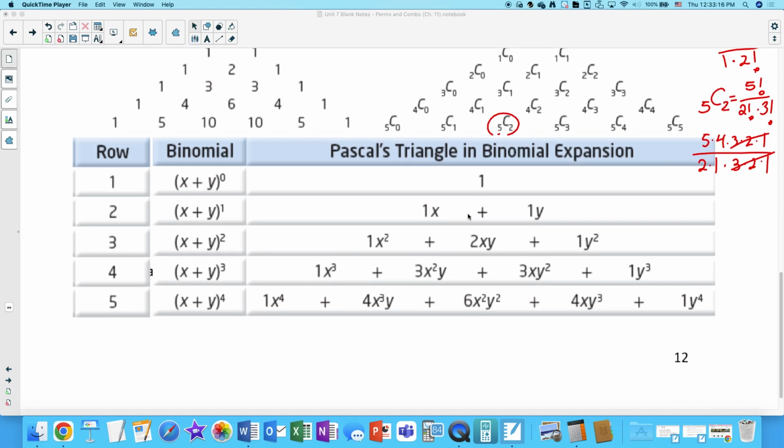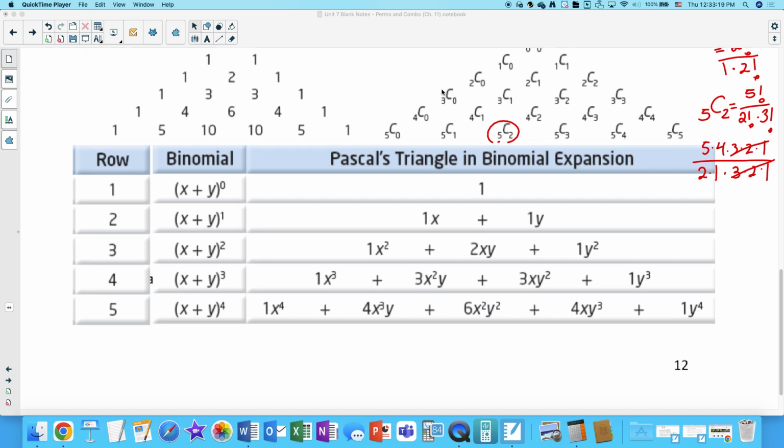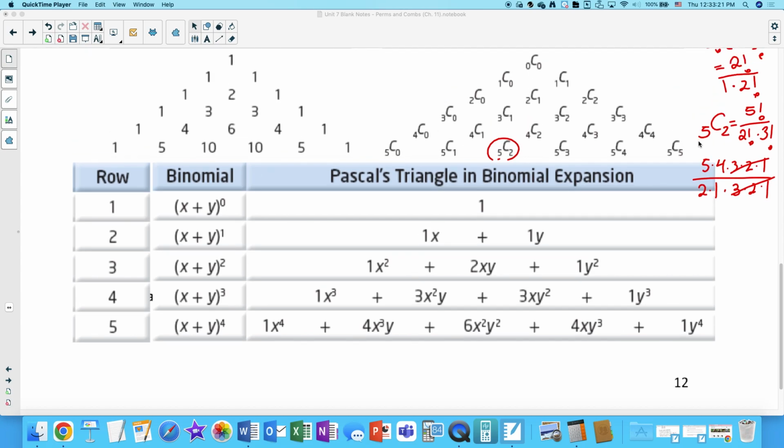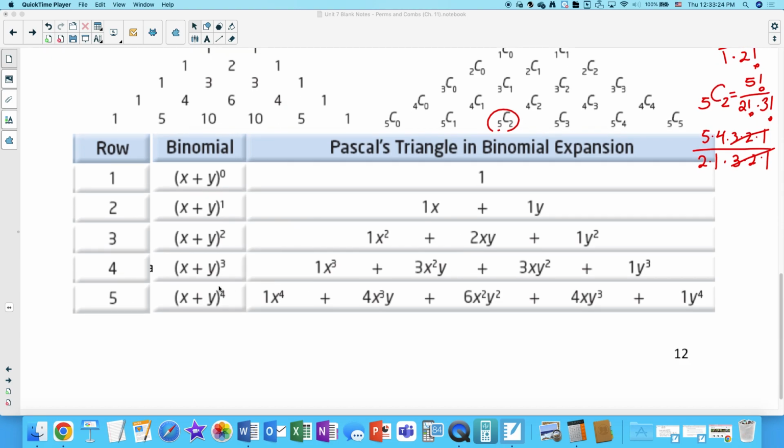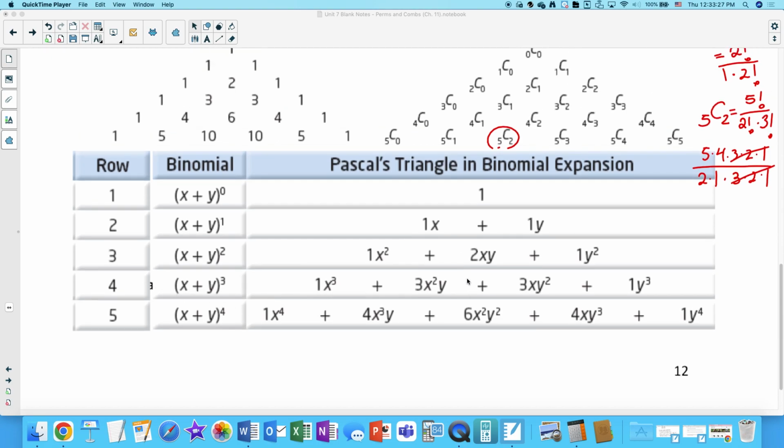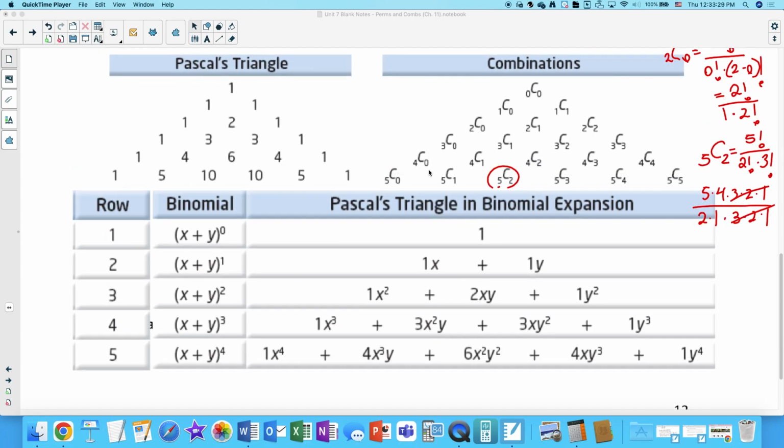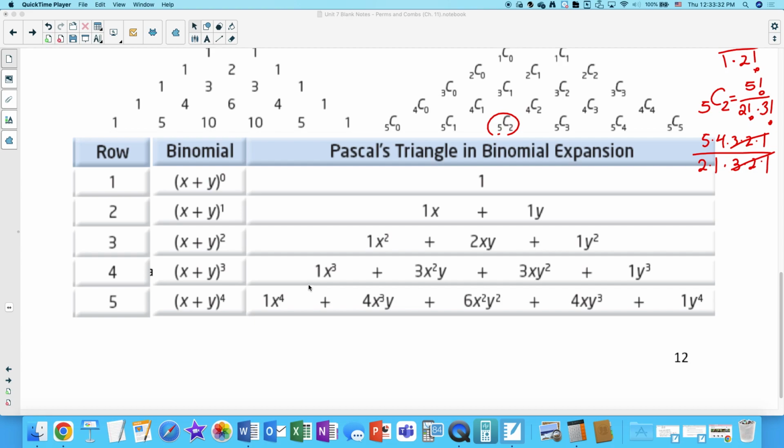If we look at, for example, this would be the fifth row of Pascal's triangle, and then the fifth row of this expansion, x plus y to the n, we can see that these coefficients in Pascal's triangle align with, or sorry, it would be this one actually, I was right, the fourth row, with both the terms in Pascal's triangle and with these combinations.